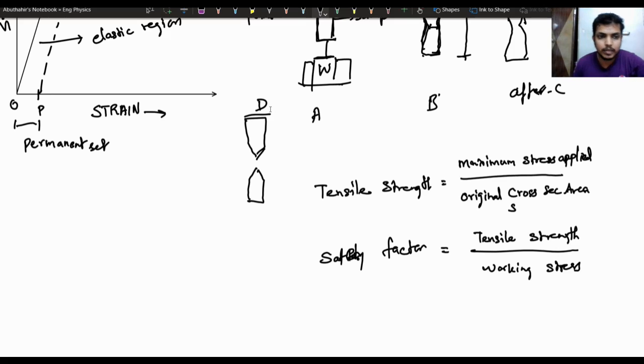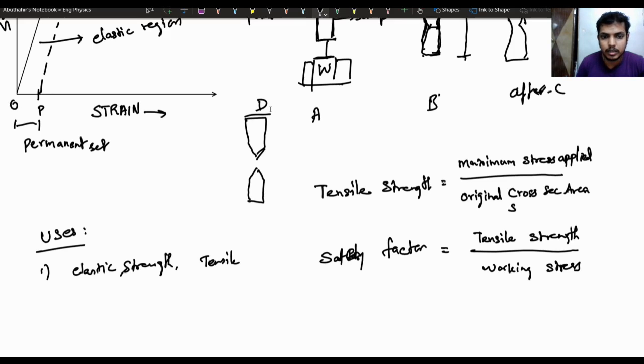So from this stress strain curve, the uses are: the first use will be, we know the elastic limit of the material, because we can do this testing for all the materials. Elastic limit or elastic strength and ultimate tensile strength and all can be measured.